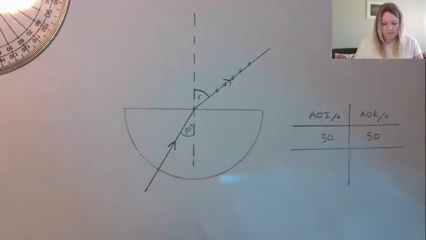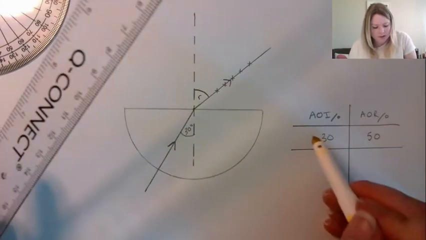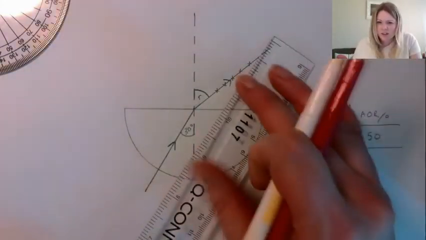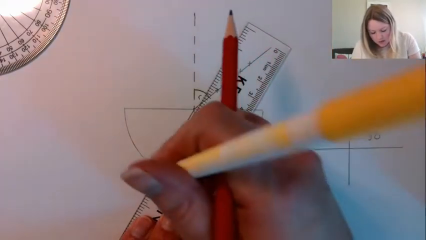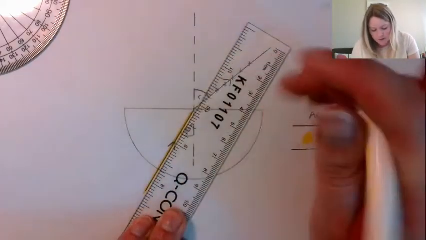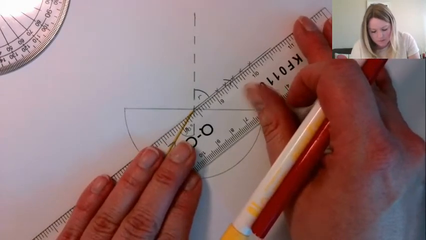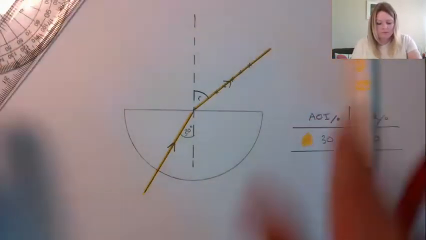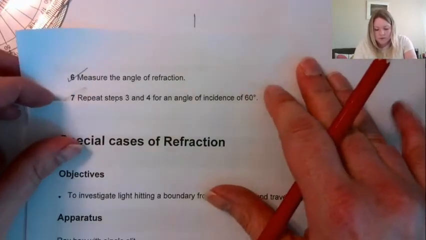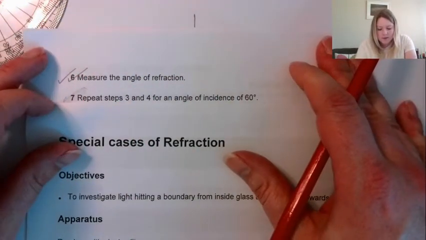Because we're about to draw some more on, I'm just going to mark on these ones as yellow, because we're going to end up with a few lines all over the place here and I don't want us getting confused. Okay, let's see what's next. Measure the angle, done. Repeat steps 3 and 4 for an angle of incidence of 60 degrees.